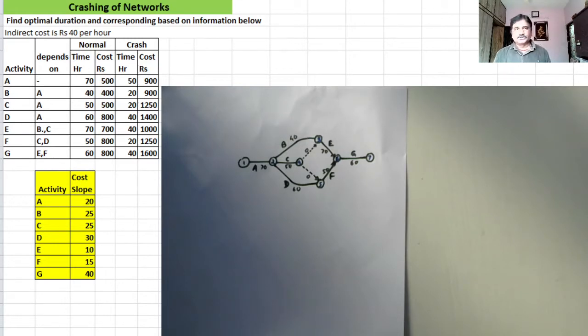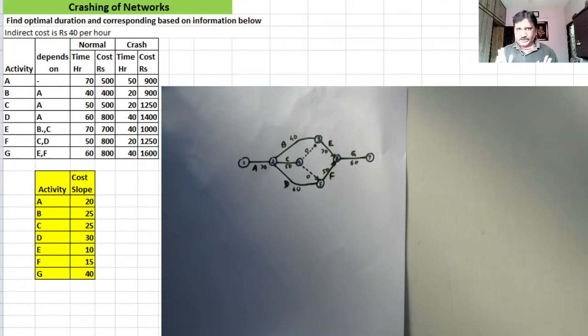So having understood this, we now will be representing this dependency information on the network. Activity A is the starting activity, and it takes 70 hours normally. So I have marked that activity A 70.